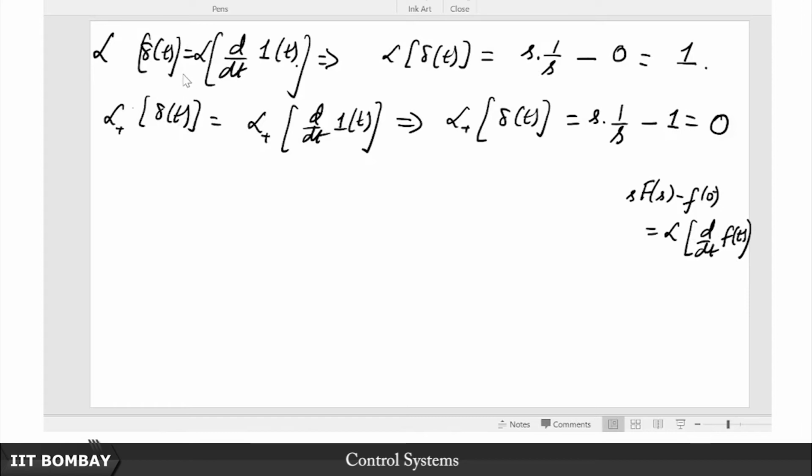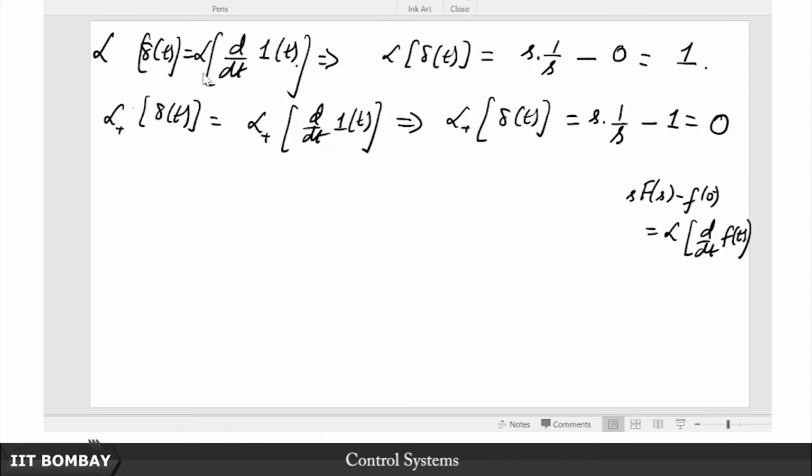In a differential equation you will always be given initial conditions to solve, but what initial conditions are generally given to you? The initial condition before the application of the input.